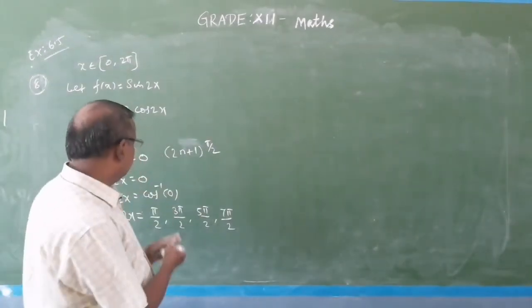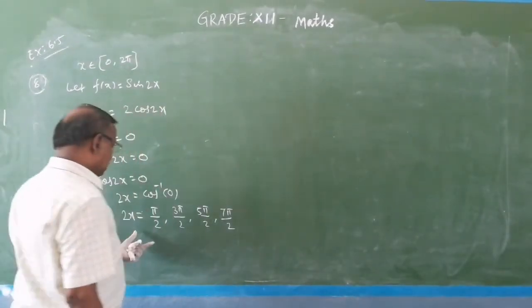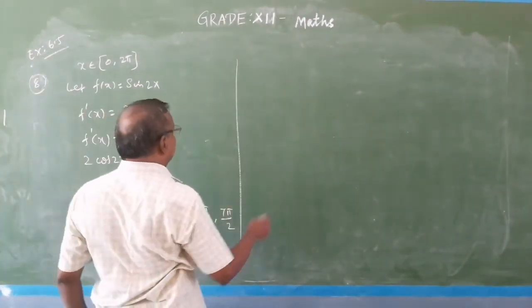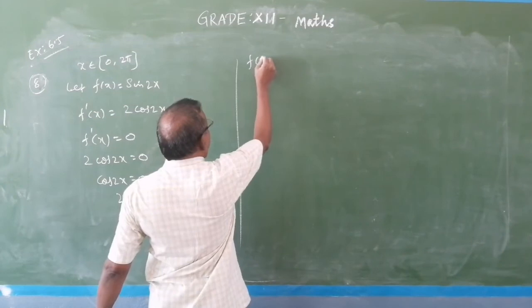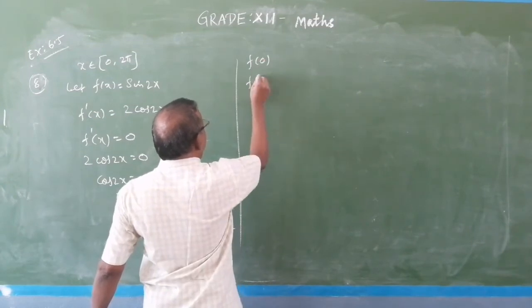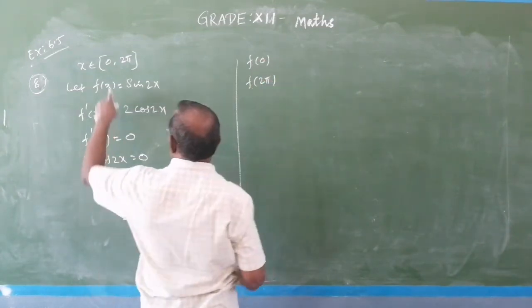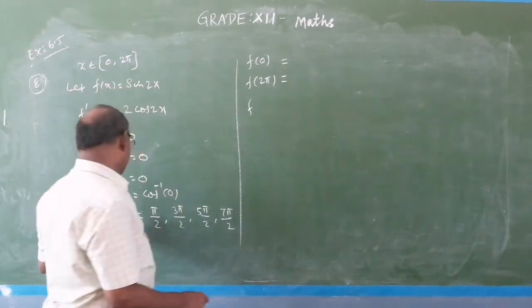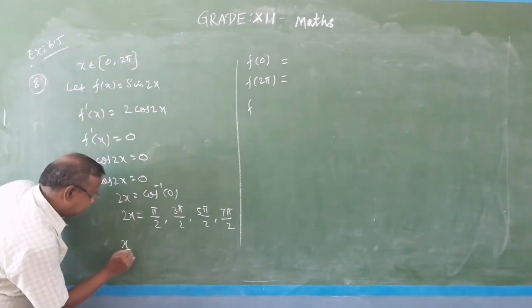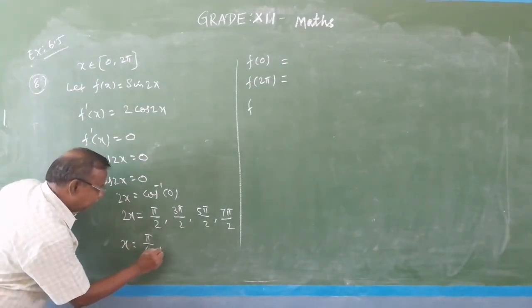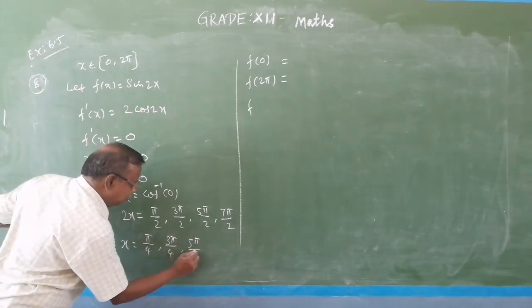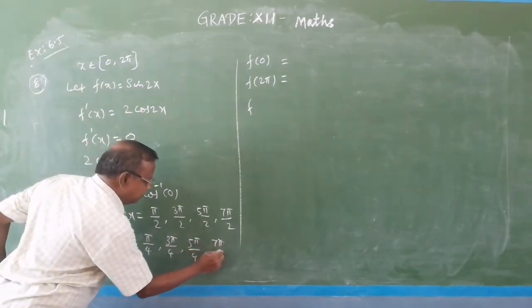Now, these are all the values that lie in the interval 0 to 2 pi. So, we need to find the value of f of 0 and f of 2 pi, because these two are the endpoints of the interval. Similarly, for the critical numbers, x equal to pi by 4, 3 pi by 4, 5 pi by 4, 7 pi by 4.